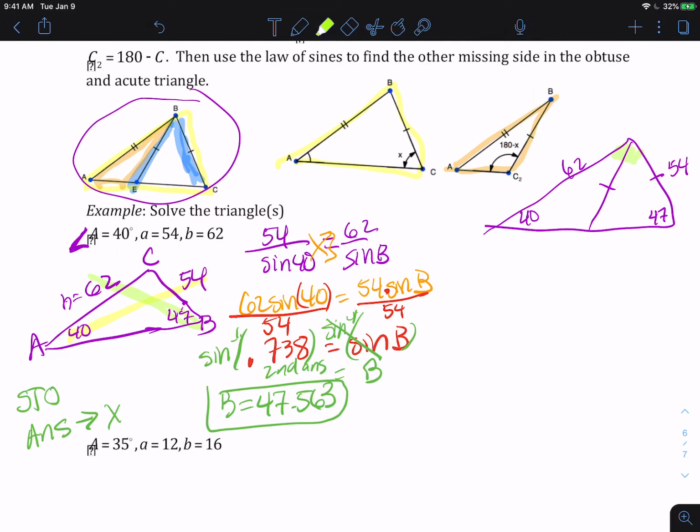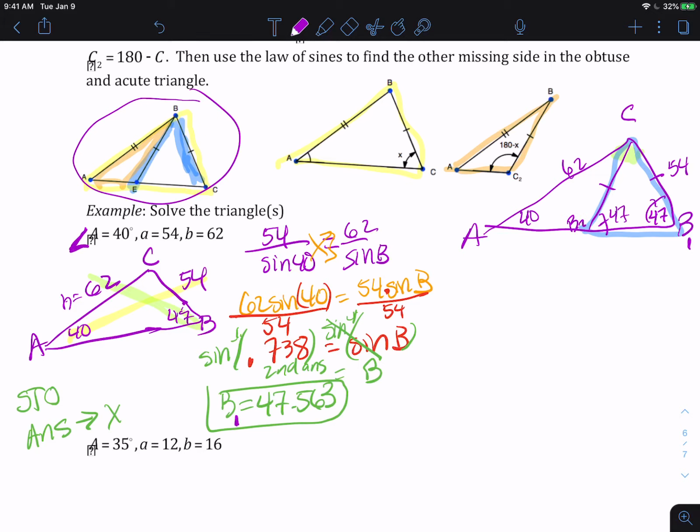Well, we have this triangle right here is our isosceles triangle. Well, if it's isosceles, this is like the problem that we did at the beginning. That means that these two angles are congruent. So this is the 47 point whatever. Okay. So again, if we label this is A, this is C, and this is B. So I'm going to call this B1. So I'm going to subscript this and say that's B1.